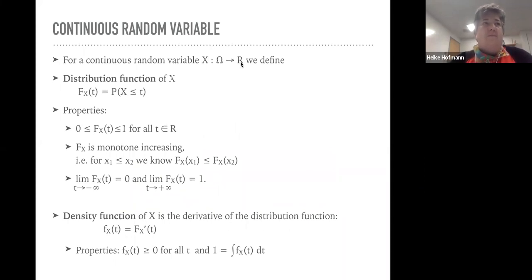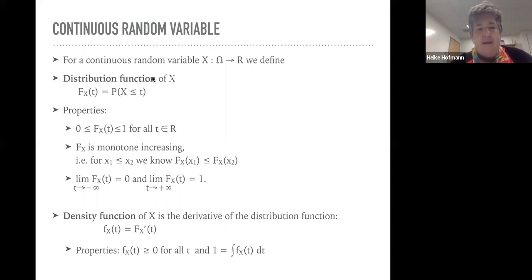So for example, the height of NBA players or the amount of milk from a single goat for each day. Then we can define the distribution function. So we define a distribution function instead of a probability mass function.